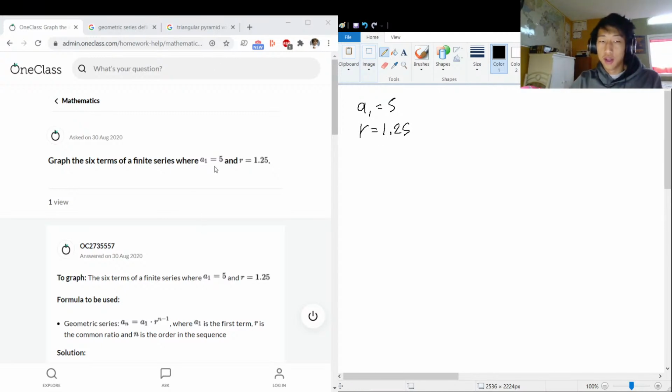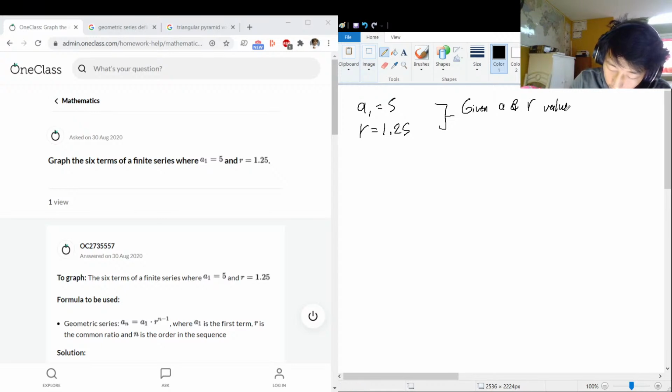Okay, so the keywords that you're going to look for are your A and the R. Those typically mean geometric series. R values suggest geometric series.